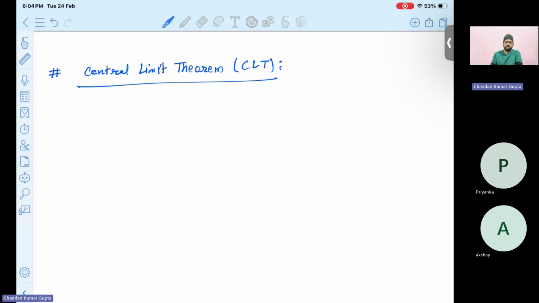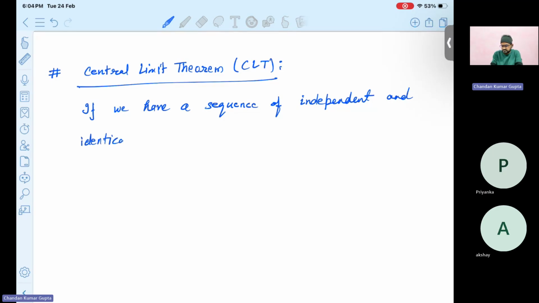Suppose we have a sequence of IID random variables, that is, independent and identically distributed random variables.